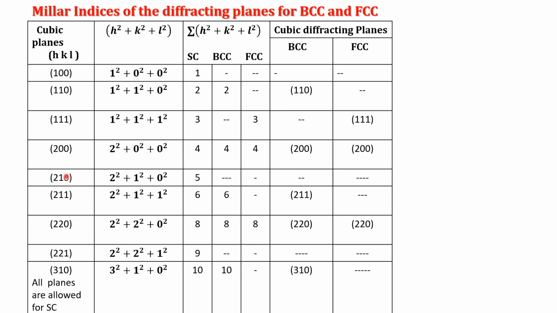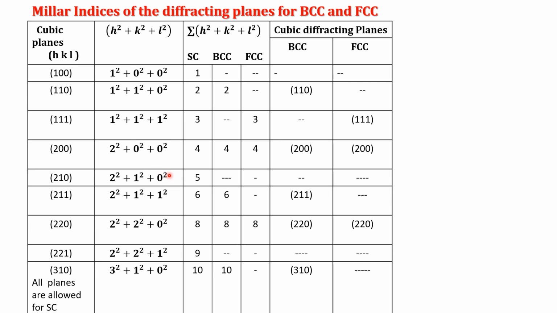Another case, 2 0 0. That plane is allowed for simple cubic, BCC as well as FCC. Now why is it allowed for BCC? Since h plus k plus l is even. 2 is even. Therefore, that plane is allowed for BCC. It is also allowed for FCC, since h, k, l are all even or all odd.